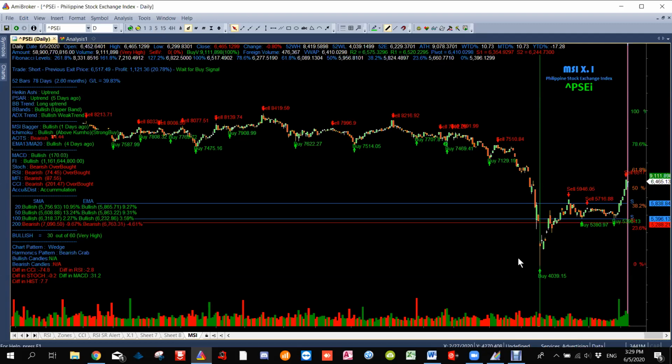Okay? So if you can see dito sa PSE, it took more than 2 months para mag-change siya ng trend or magbago yung maging uptrend na siya. Which is something na we can consider as good kasi meron tayong mga tinatawag na breakouts na at least dapat meron kang minimum na 3 months.